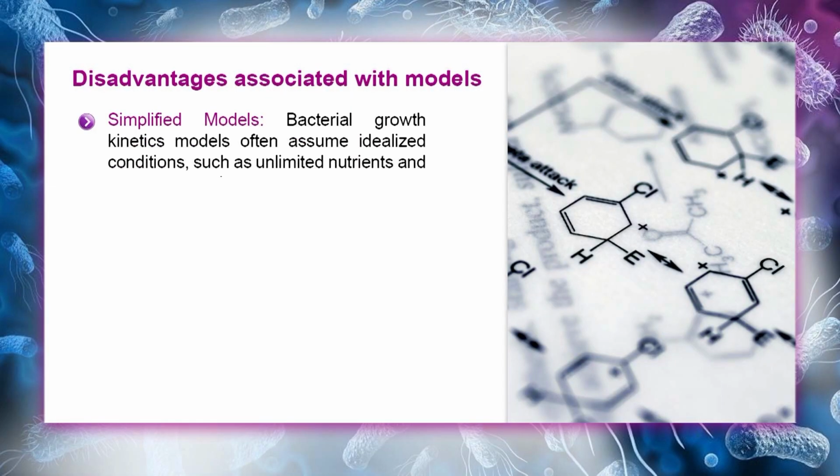First is simplified models. Bacterial growth kinetics models often assume idealized conditions such as unlimited nutrients, a constant environment. In reality, microbial growth in natural settings is much more complex with fluctuating conditions and interactions with other microorganisms.